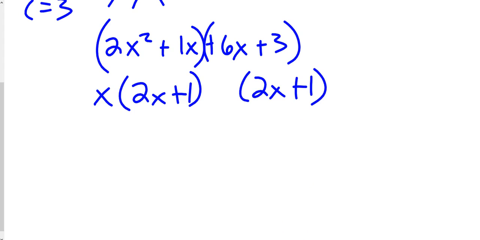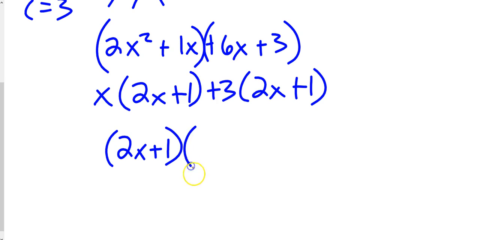So we just got to think to ourselves, what times 2x will give me 6x? Well, that would be a positive 3. And now you know what your 2 parentheses are: 2x plus 1, and the other one is your GCF, x plus 3.